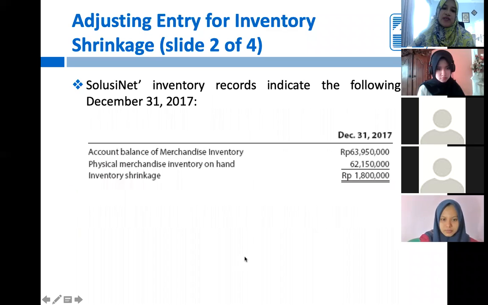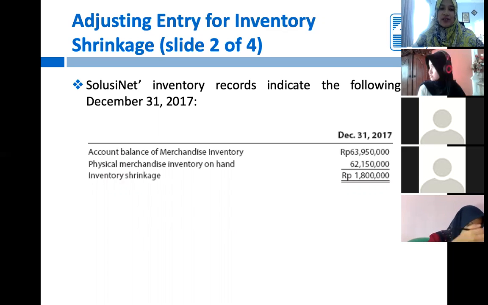So that's why we need to do the adjusting entries for the difference between the balance of merchandise inventory in the accounting record compared to the physical merchandise inventory on hand.